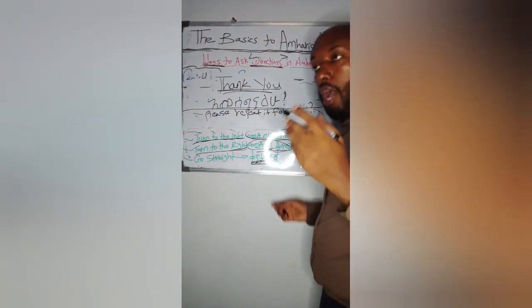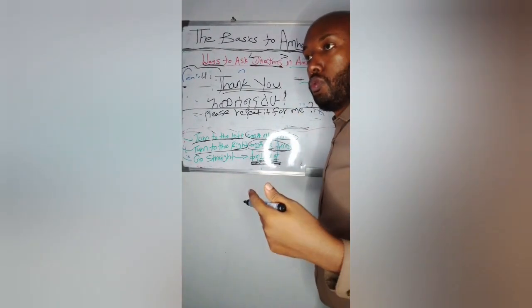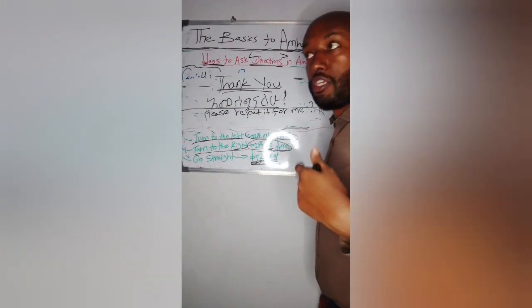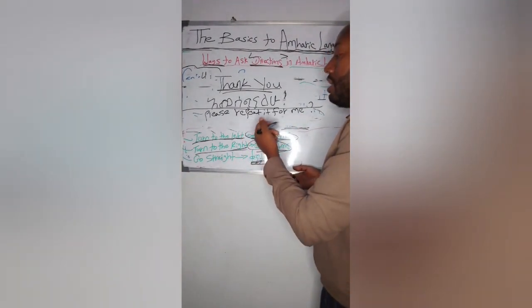Since you haven't understood what he has told you, the answer he told you is not clear for you, or you haven't heard him. So you're gonna say to him, please repeat it for me.